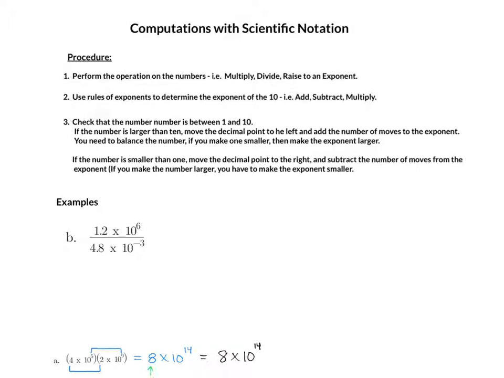For example B, we have 1.2 times 10 to the 6th over 4.8 times 10 to the negative 3. We are dividing here, so I want to divide my numbers. 1.2 divided by 4.8 equals 0.25. We want to make sure that we write our answer as a decimal because scientific notation is all about decimals.